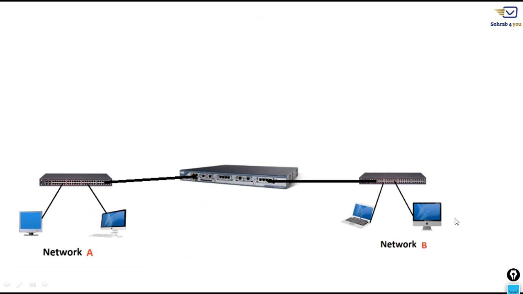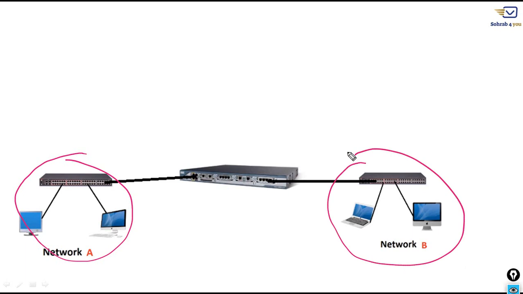Now look, guys, here is how the router works. Suppose we have two networks. Suppose this is network A and this is network B. They are different networks. If I want to connect these two networks, a hub cannot connect two different networks. A bridge cannot connect different networks.